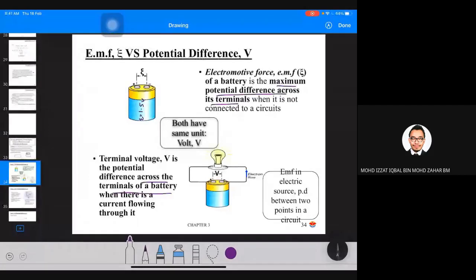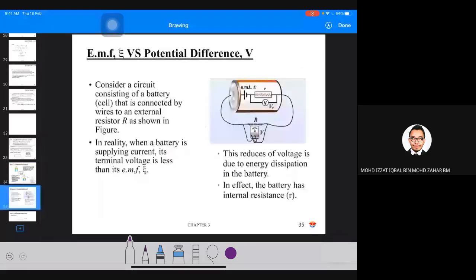So, if you have a resistor that sits right next to the power supply, that one is normally the internal resistance. It is represented by a small letter r compared to the resistor of the circuit which is capital R, and then the power supply is the EMF over there.